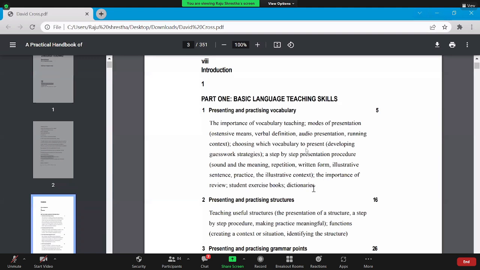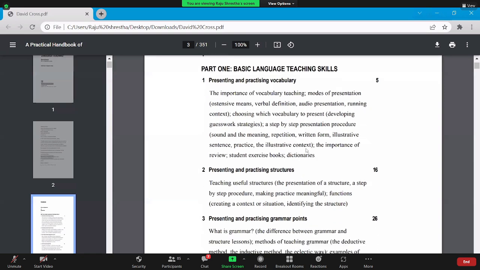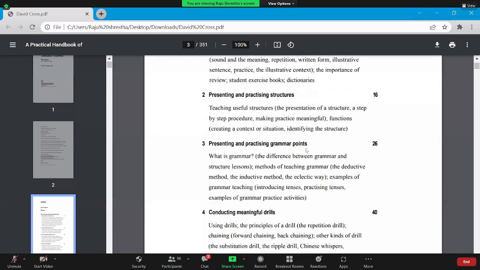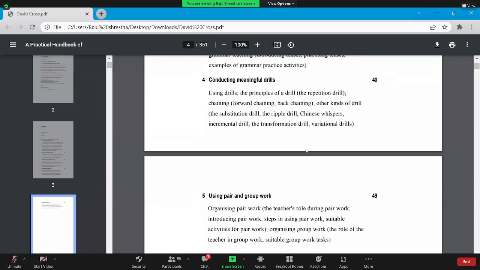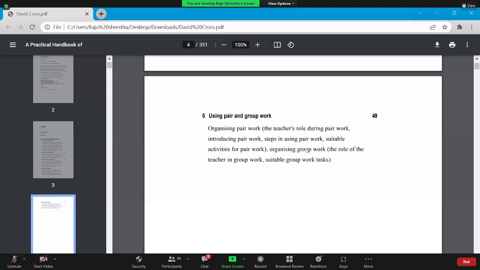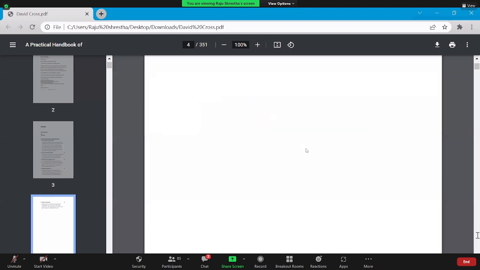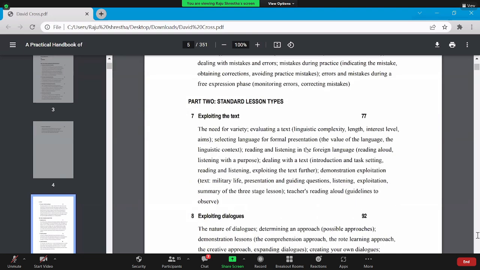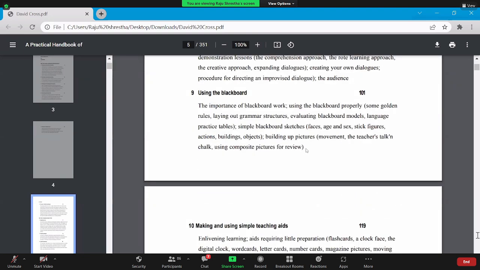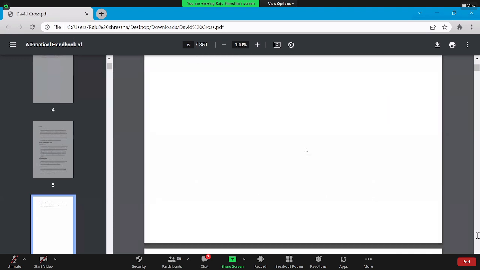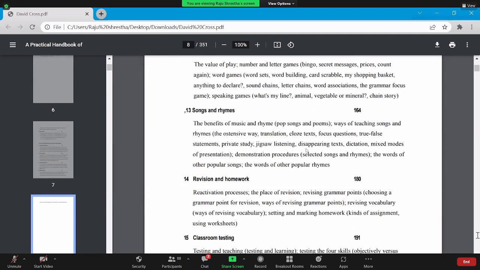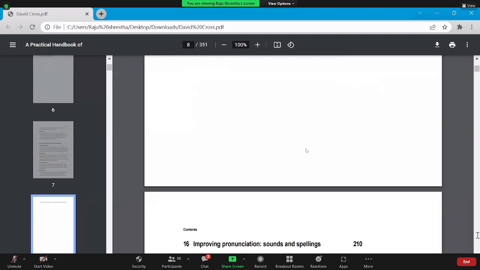Different ideas are given here, and presenting and practicing structures, presenting and practicing grammar points, conducting meaningful drills, and using broken group books. Here, inside the running text, oral work, exploiting dialogues, using the blackboard, using simple cards. Lesson planning, learning games, classroom testing, improving pronunciation.